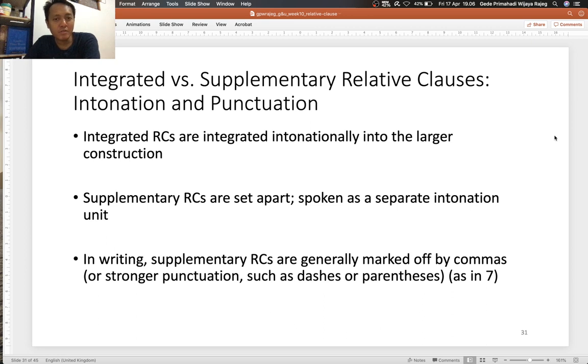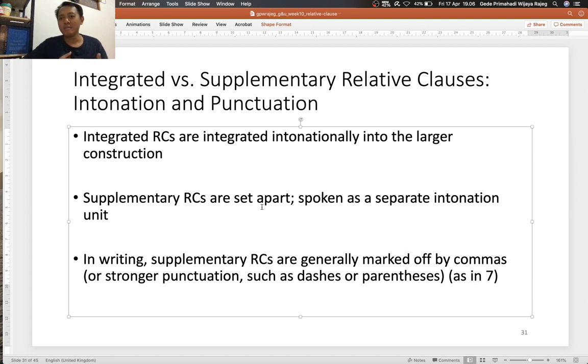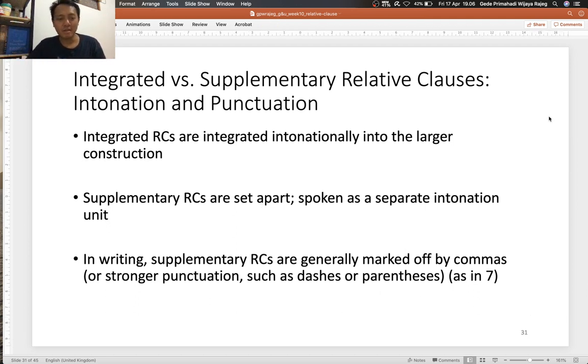In terms of intonation, integrated relative clauses are integrated intonationally into the larger construction. It means that there is no pause, the relative clause is not spoken as a separate intonation unit, it is just one stream of intonation. But supplementary relative clauses are set apart.